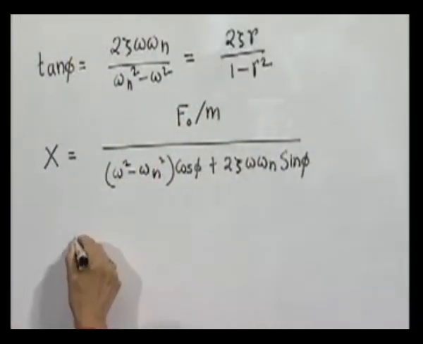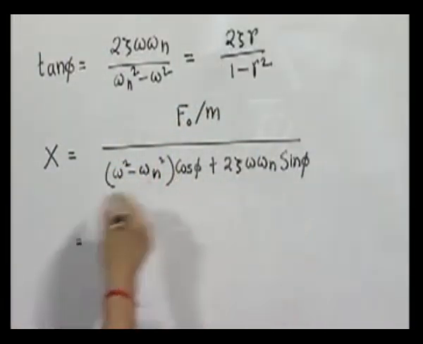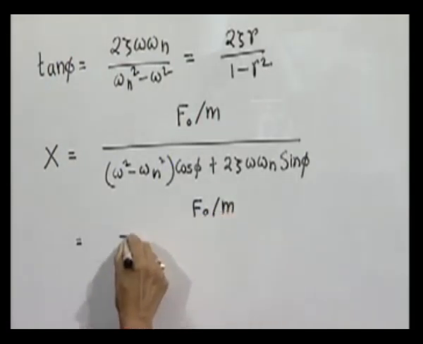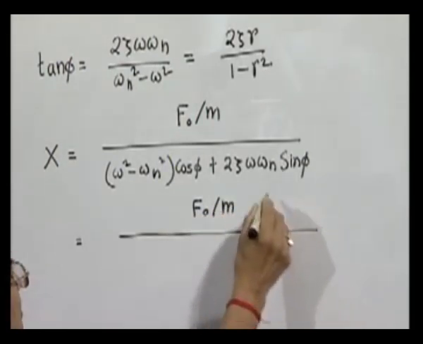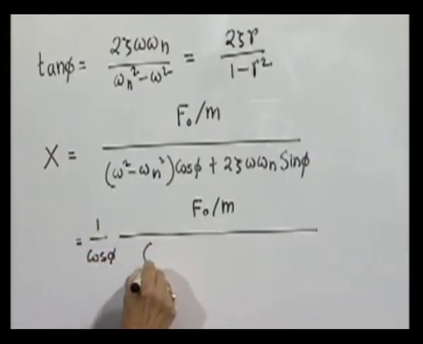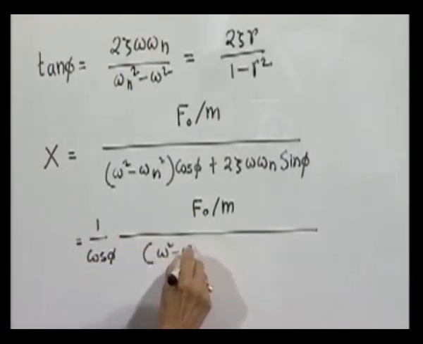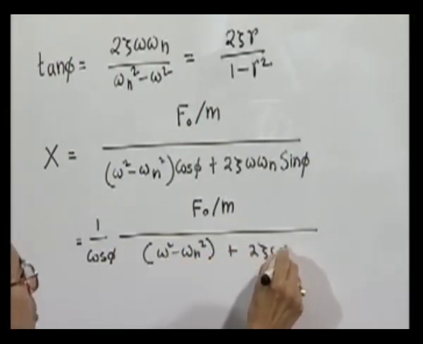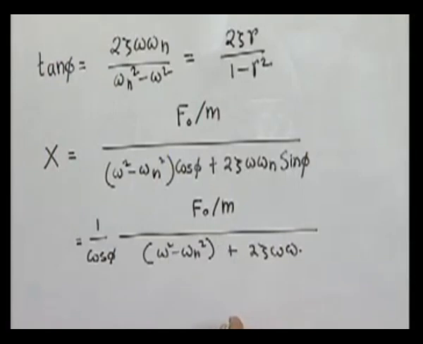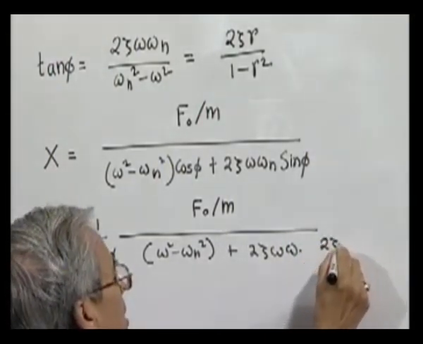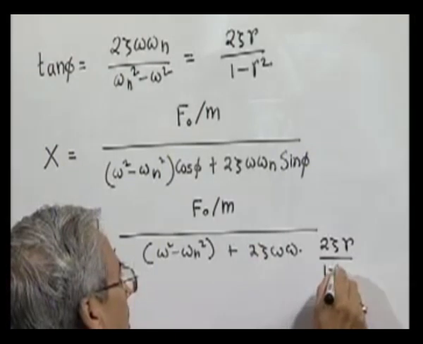Now if we take cosine phi common outside, we get f0 by m by cosine phi. If we take 1 by cosine phi, it is omega square minus omega n square plus 2 zeta omega omega n. So tan phi is already determined, it is 2 zeta r by 1 minus r square.